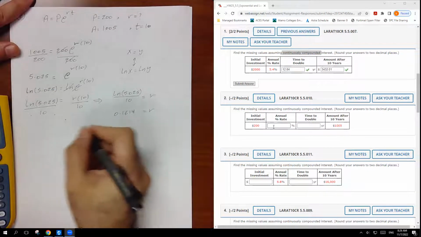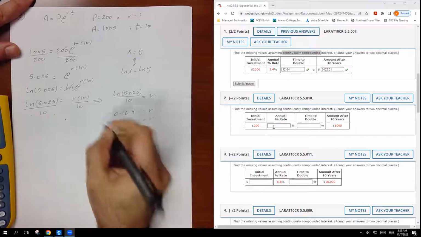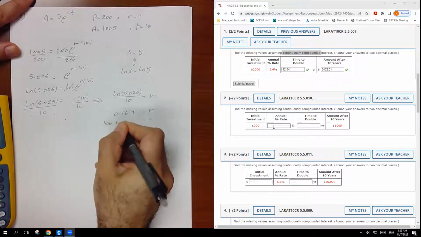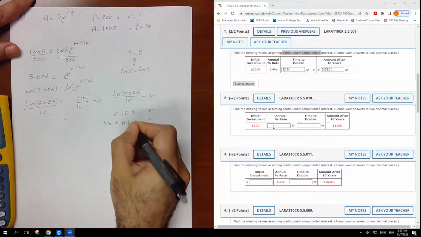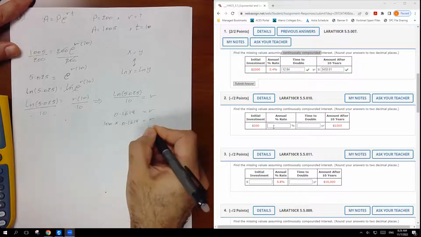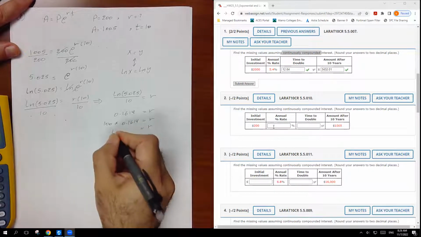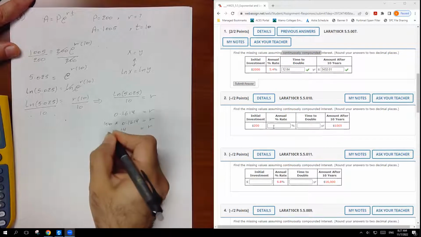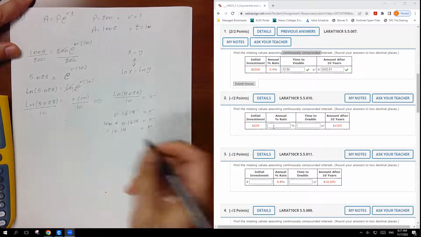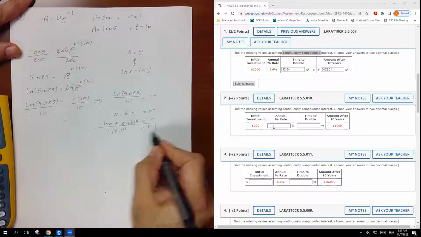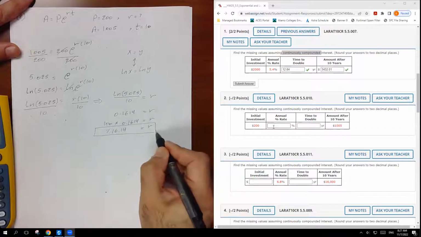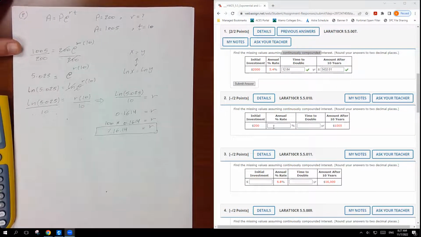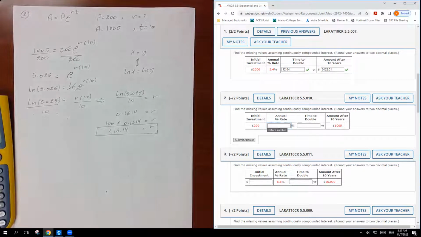So we're gonna say the rate equals 100 times 0.1614. So our rate is going to be 16.14%. So that's our rate. And that's what we're going to plug in here. The rate is going to be 16.14% because it's in percentage.